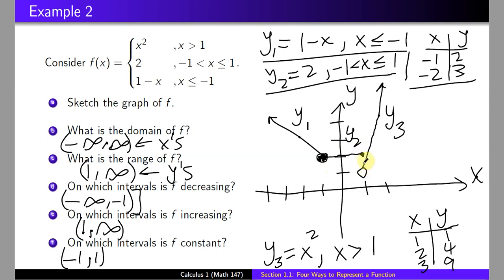Do I not include this one? Just to leave any of that confusion out, especially when there may not even be a point at any of these, the convention is that we actually just use these parentheses where we don't include the endpoints. Because what does it mean anyways to decrease all the way up to -1, including -1, as opposed to not including -1? So we always leave these as just kind of open intervals or parentheses.